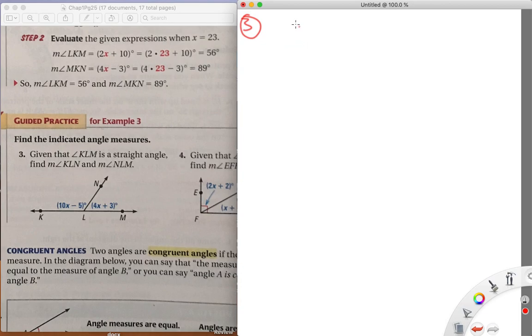We're told it's a straight angle, so we'll say angle KLM is a straight angle. So if it's a straight angle, I know that it equals 180 degrees. I also know, because of the angle addition postulate, that angle KLM is equal to angle KLN plus angle MLN.